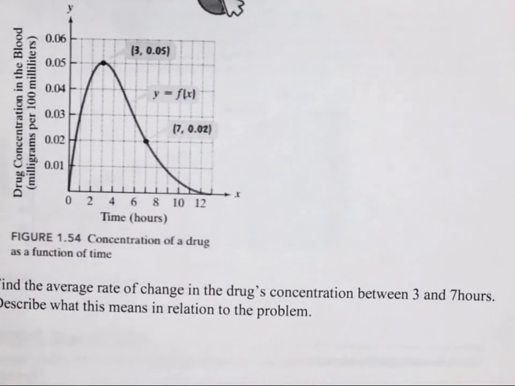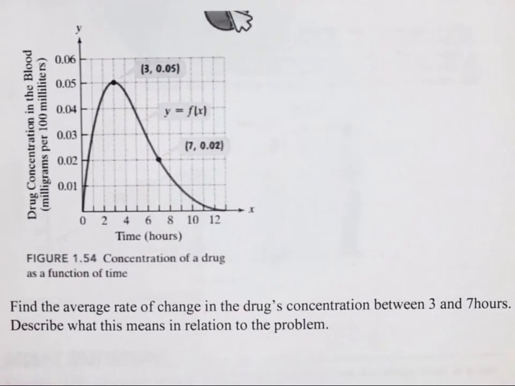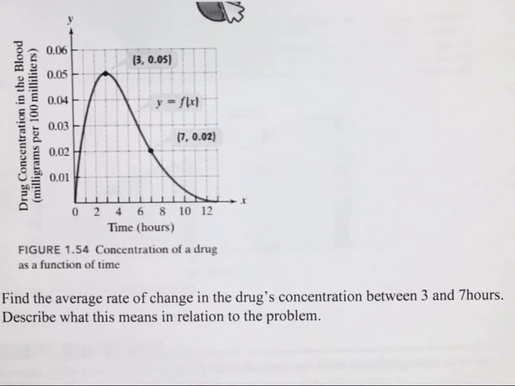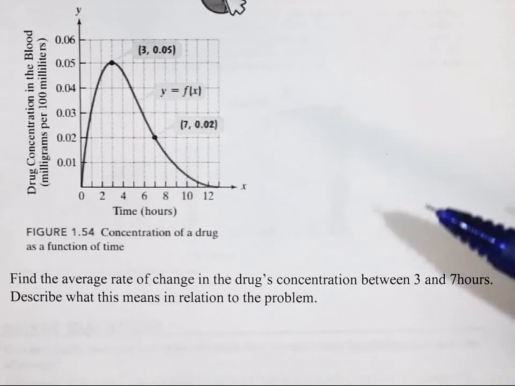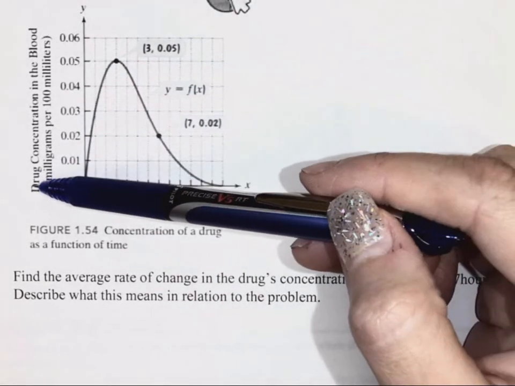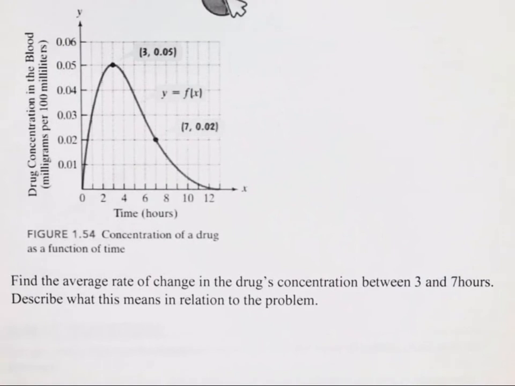Okay, last one. I wanted to show you, you've got a word problem in MyMathLab very similar to this. They give you a graph, and notice that your y-axis is actually drug concentration in the blood. Like for example, when you go to the hospital and they give you an injection with so many milliliters of medication.